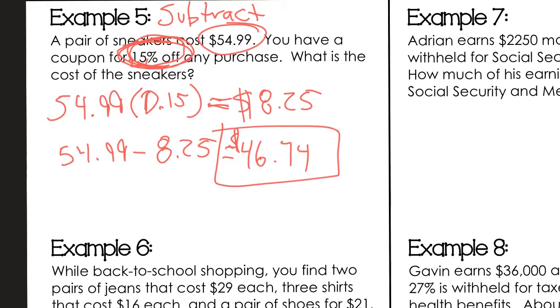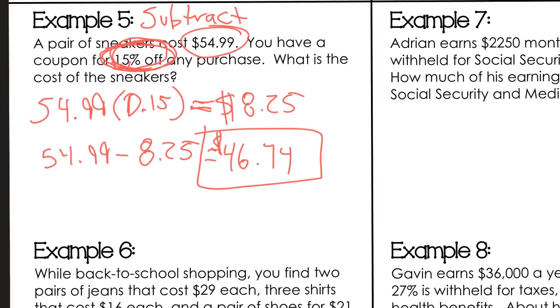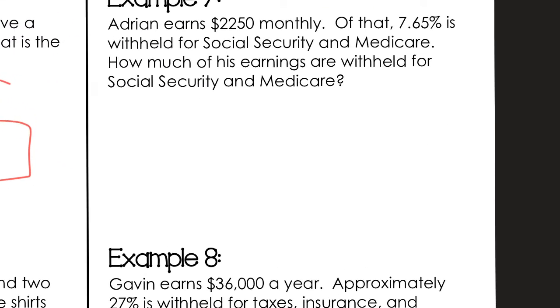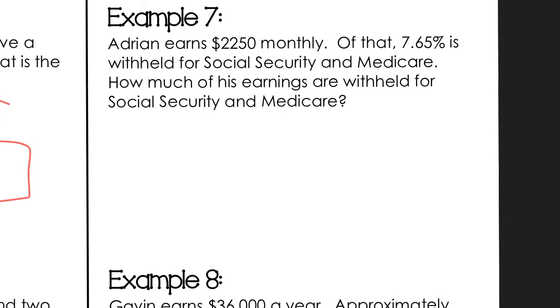And then we're going to move to example 7, all right, for another deduction. And this one says, Adrian earns $2,250 monthly. Of that, 7.65% is withheld for Social Security and Medicare. And that's actually the real amount.